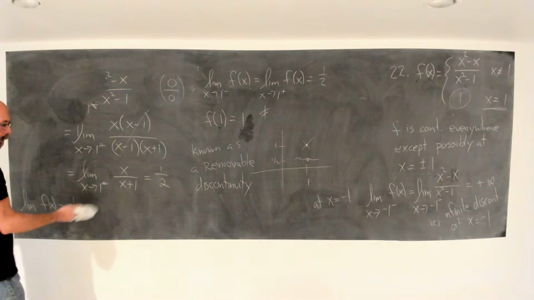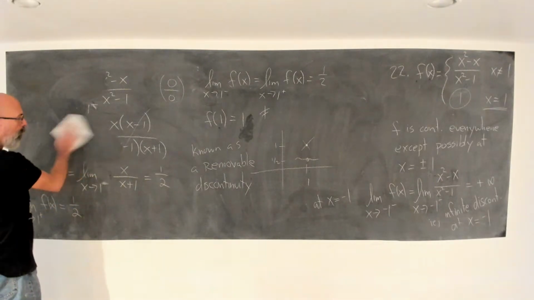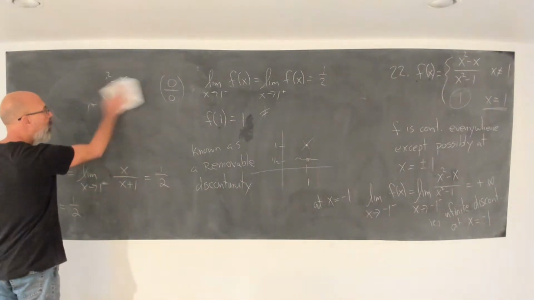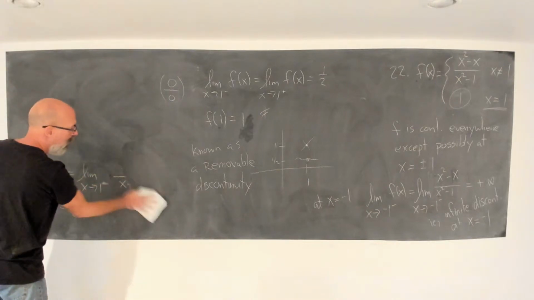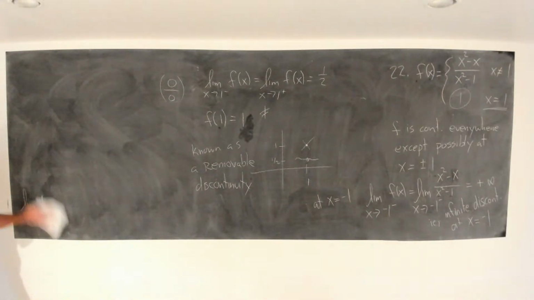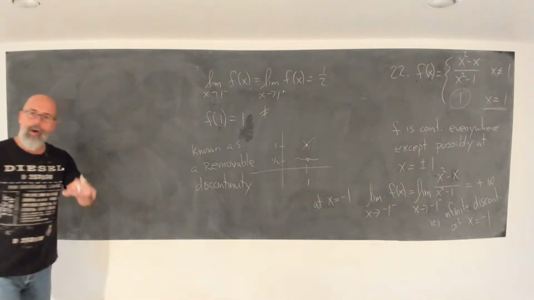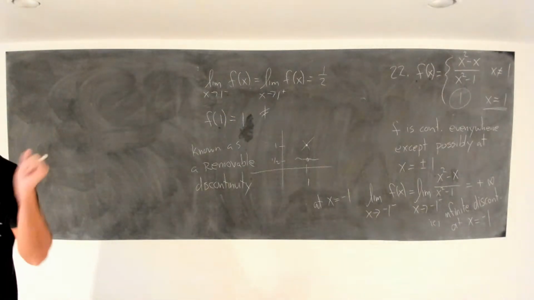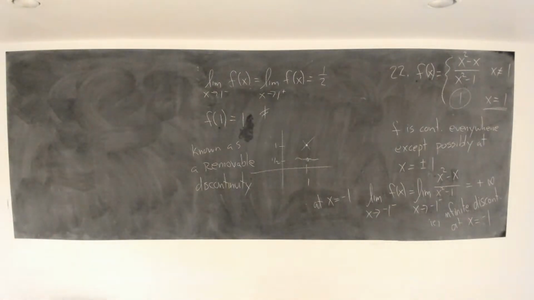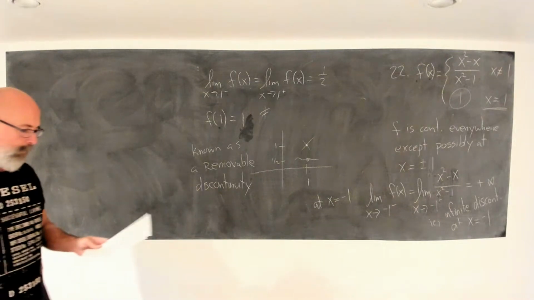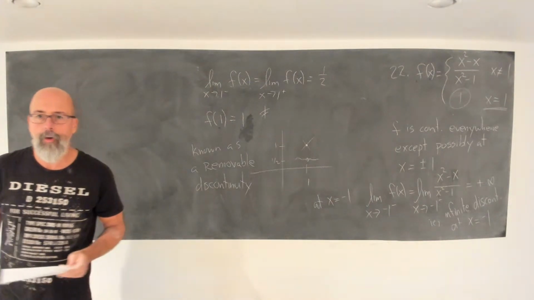I don't know offhand what that graph looks like. We would have to do some work, and we're going to do that in this class, just not right now. But maybe in about a month, we can graph this together. All right, let's move on.